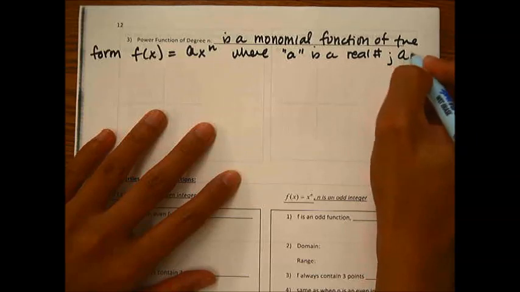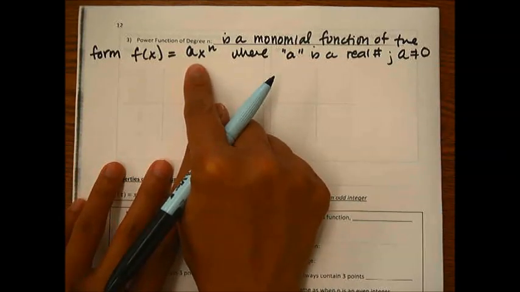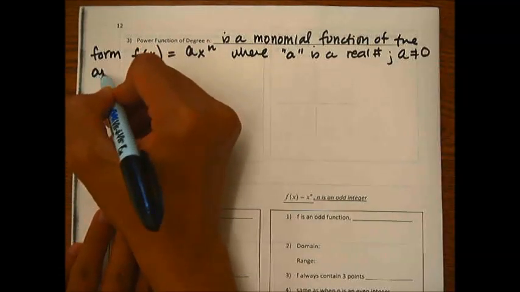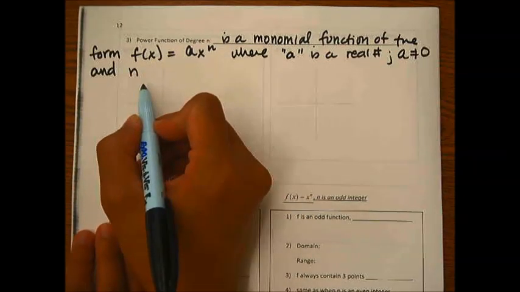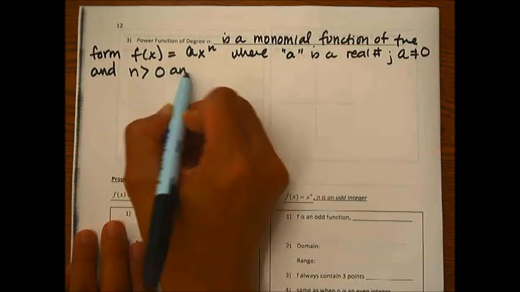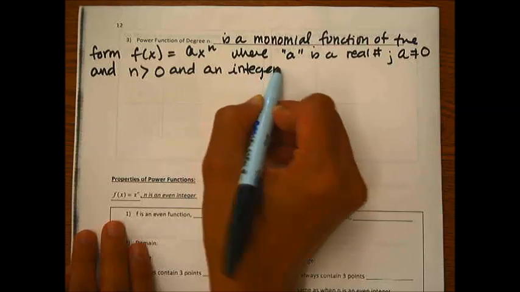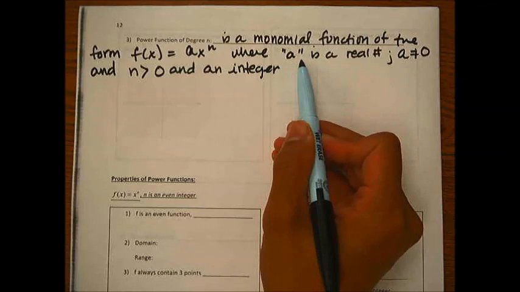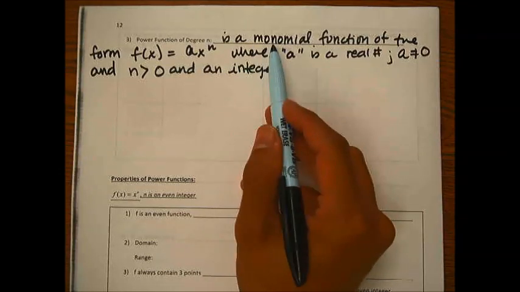And a can never ever be 0, because if it's 0, then it's just going to be a constant. And in addition, your exponents, just like the definition of a polynomial, need to be greater than 0 and an integer. So it's still the same definition as your polynomial, it's just that now I'm only going to use the very first term.